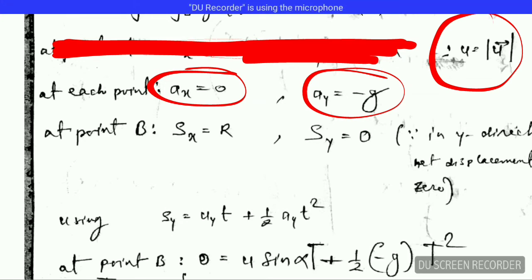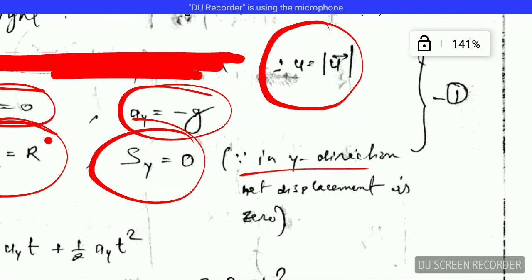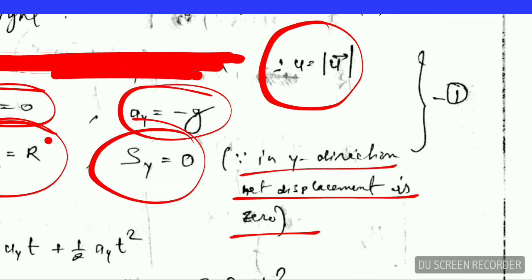And as already explained, at point B, sx, the displacement along the x direction, will be equal to the range, but the displacement along the y direction will be 0, because in the y direction the net displacement is 0.